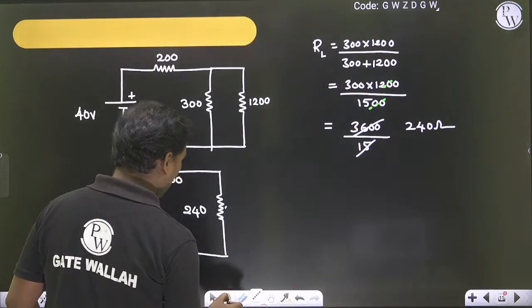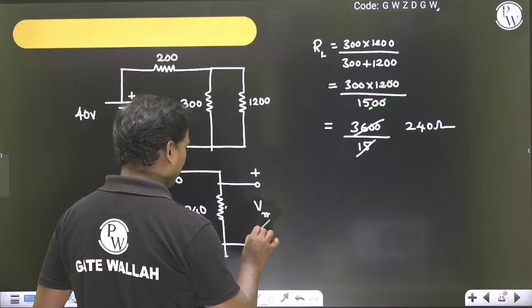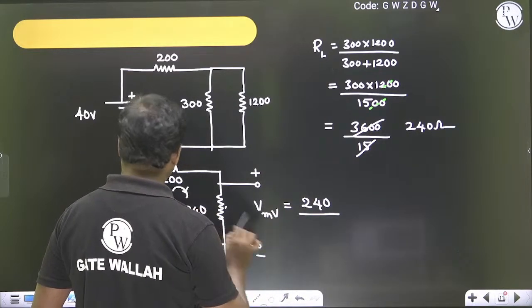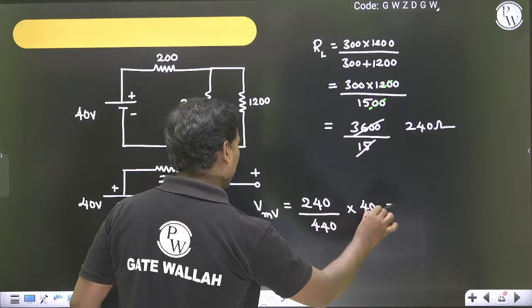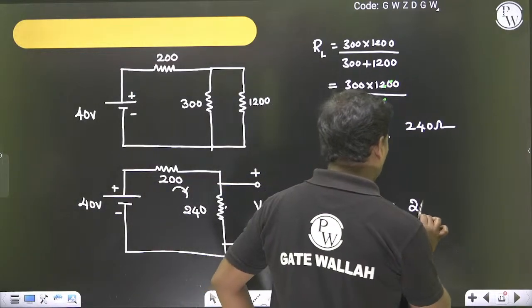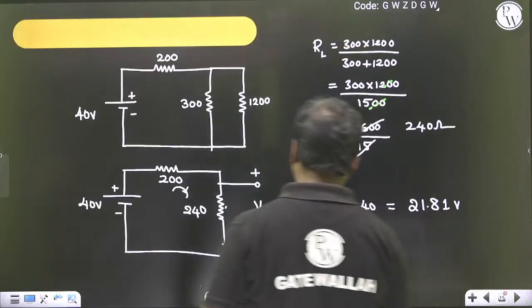Now if I am taking this part here, what is the measured value? 240 divided by 440 into 40, that is 21.81 volts. So the question asked here is how much it differs from the true value.